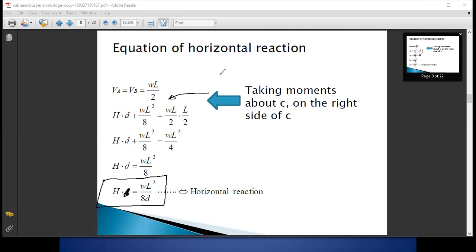Taking the moment about C on the right side of C. Yes, sir. Right.